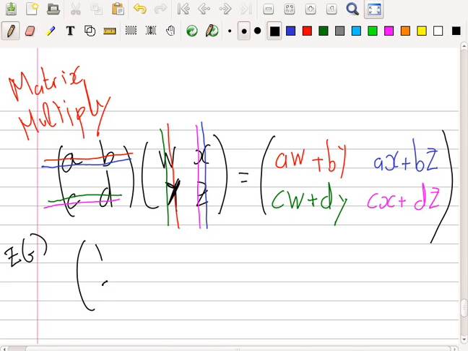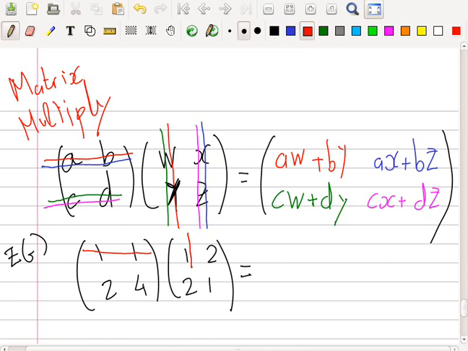And we'll definitely do an example for this. 1, 2, 1, 4 multiplied by 1, 2, 2, 1. Okay, one step at a time. So I take these two and multiply them by these two. 1 times 1, 1. 1 times 2, 2. Add the results together, 3. Then I take these two and multiply them by these two. 1 times 2, 2. 1 times 1, 1.